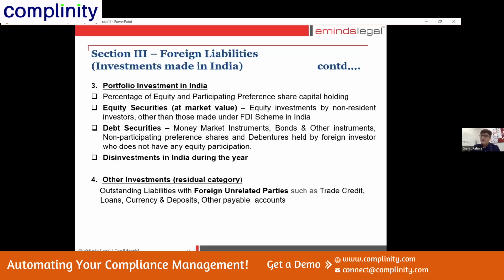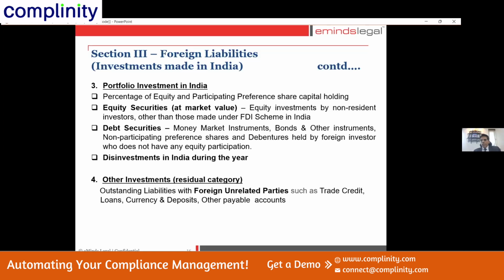Maybe Chandan, for the benefit of the audience, if you could again clarify what is participating and what is non-participating instrument. Sure, Sumit. So participating is where the preference shares have the right either in the surplus dividend after the dividend is distributed to the equity shareholders. So there might be a surplus dividend or surplus profits or surplus reserves.